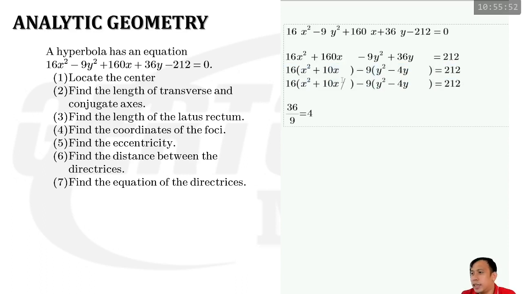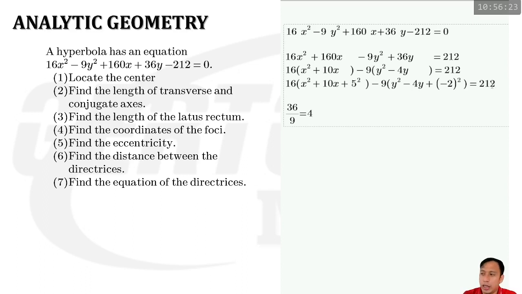Ano yung i-add natin? Okay, dapat mag-add tayo ng 5 squared. Bakit 5 squared? Kasi 10 siya eh. Half ng 10 is 5. So, square mo yan. Then ito, mag-add naman tayo ng negative 4 over 2 quantity squared, negative 2 squared.